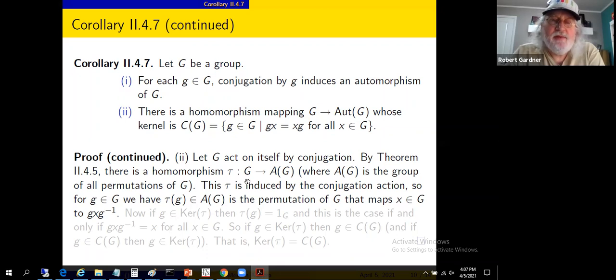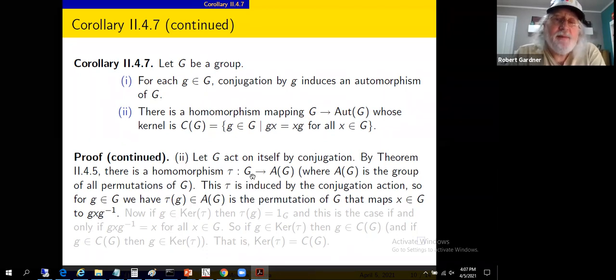Things are picking up in difficulty a little bit. We've got a mapping from group G to this group of permutations. And we've also got permutations out there. So there's mappings from different places. Tau maps G to a permutation.